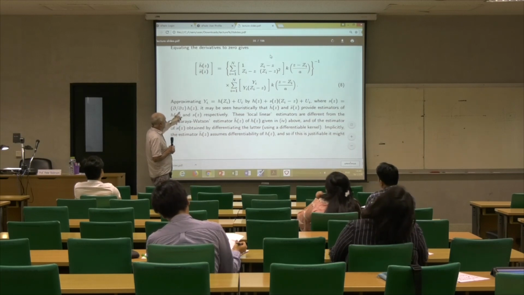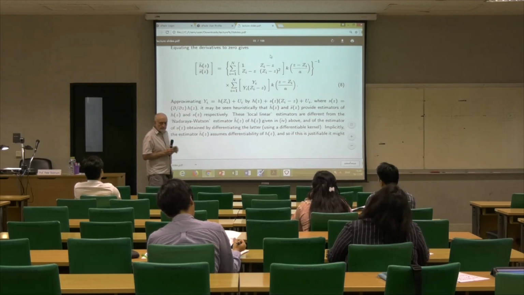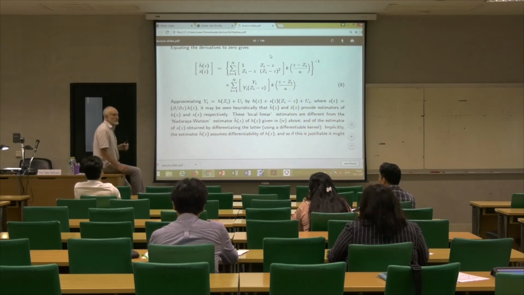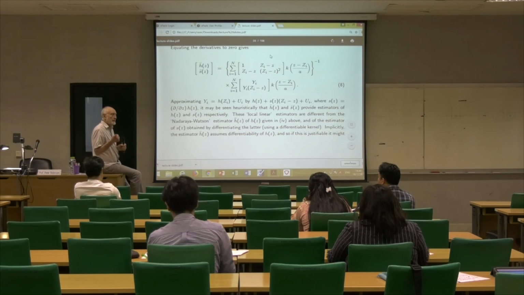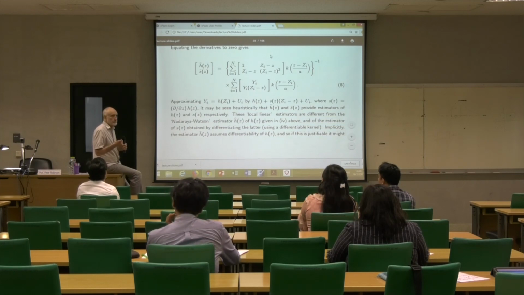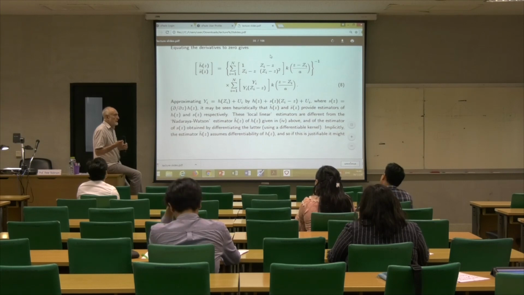And of course, this derivative is something we might be interested in. I just talked about derivatives of probability densities, multivariate densities. But you could be interested in the derivative of the regression function because, for example, if it's approximately a linear function, then the derivative will be approximately constant, and that's of interest.